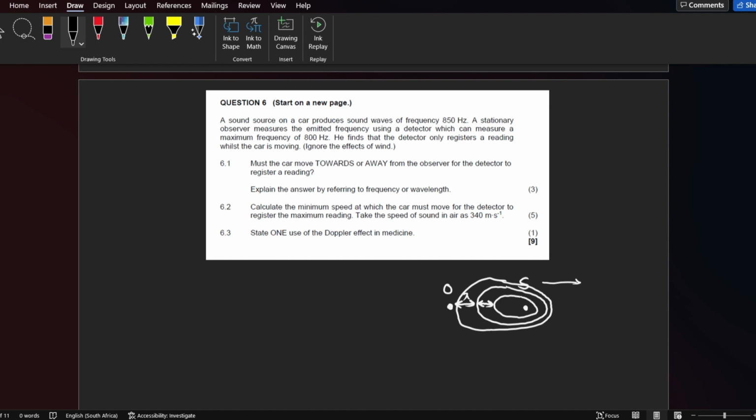And if wavelengths increase, that means the frequency decreases. So automatically, if the source is moving away from the observer, the wavelength should increase and the frequency should decrease.